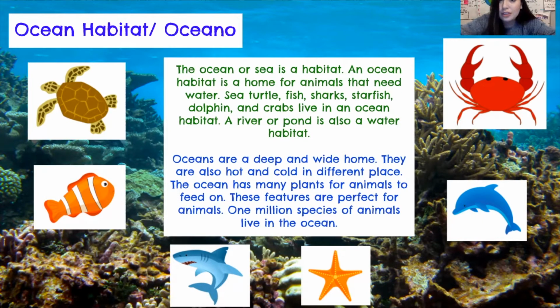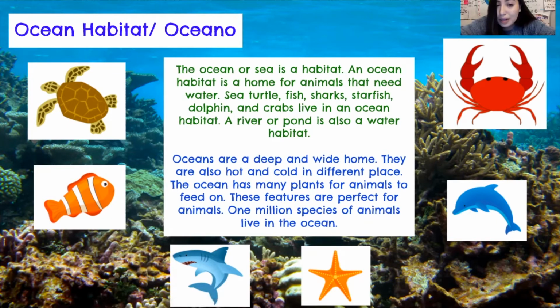An ocean or sea is a habitat, and it is a home for animals that need water, right? Because some animals that need water, they don't live on the land. They need to stay in the water. A sea turtle, right here, fish, a shark, a starfish, a dolphin, and a crab, they all live in an ocean habitat. And sometimes a river or a pond is considered an ocean habitat.